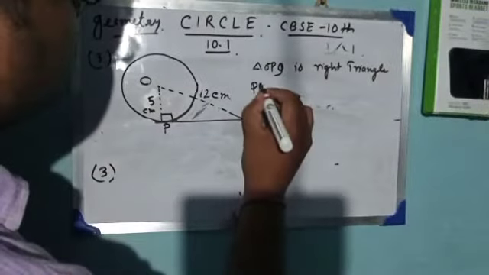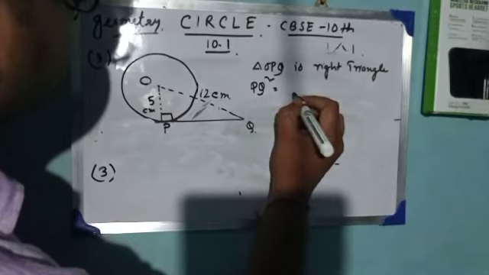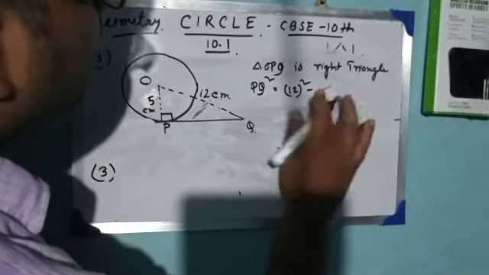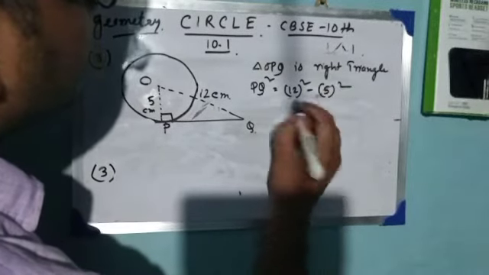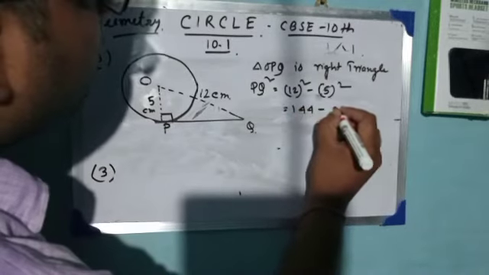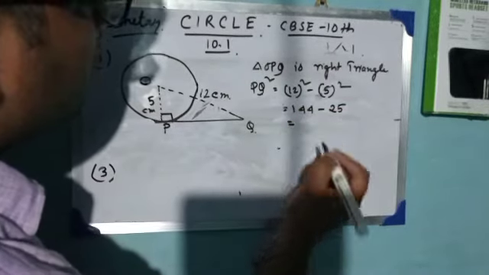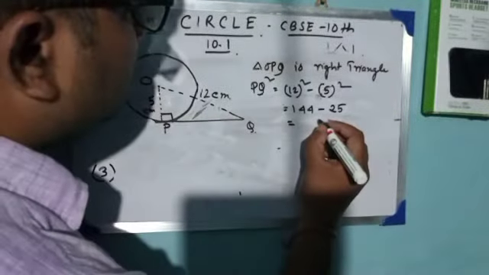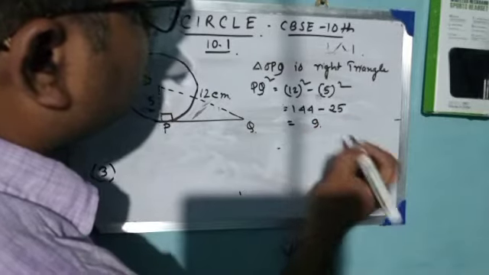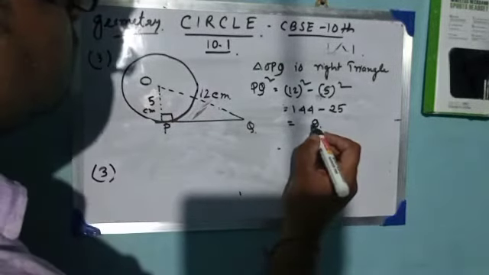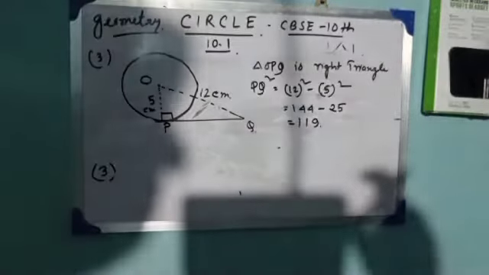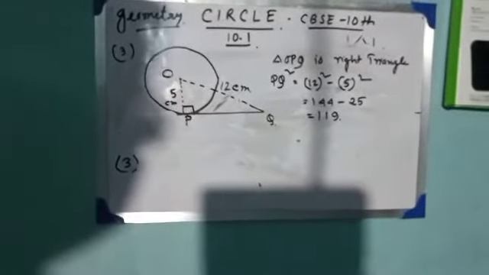PQ squared is equal to 12 squared minus 5 squared, that means 144 minus 25, which equals 119.